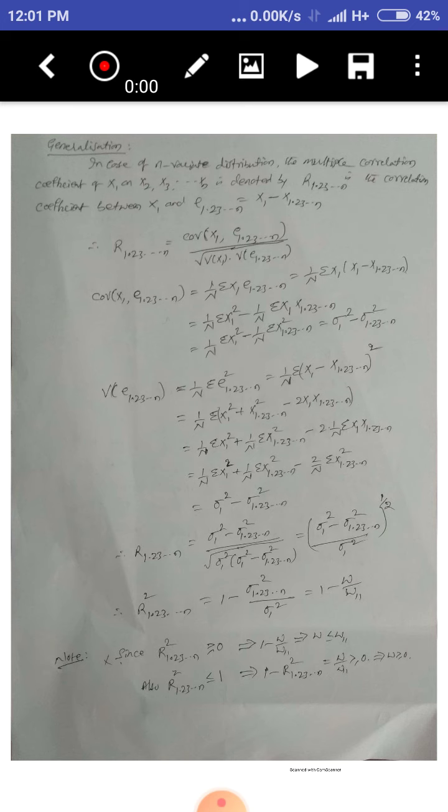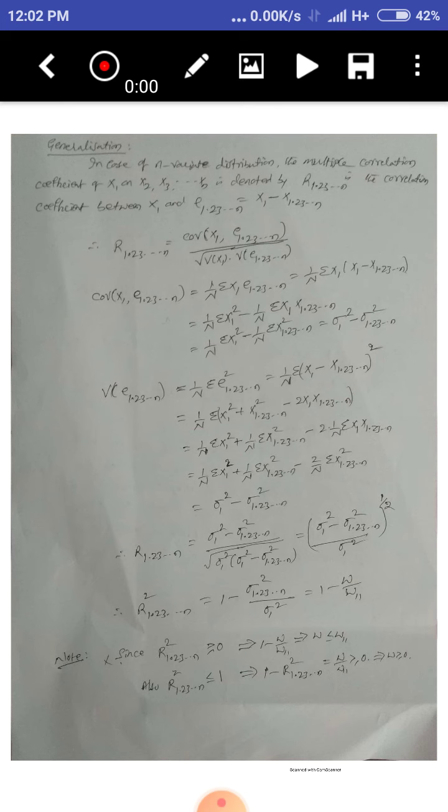We will get 1 upon n summation x1 square plus 1 upon n summation x1.23 square minus 2 into 1 upon n summation x1 x1.23 up to n, or that equals 1 upon n summation x1 square plus 1 upon n summation x1.23 square minus 2 upon n summation x1.23 square, or that equals sigma 1 square minus sigma 1.23 n square. Substitute these values in the formula.